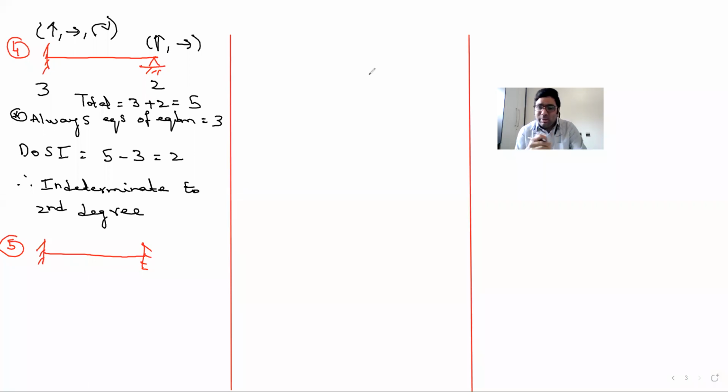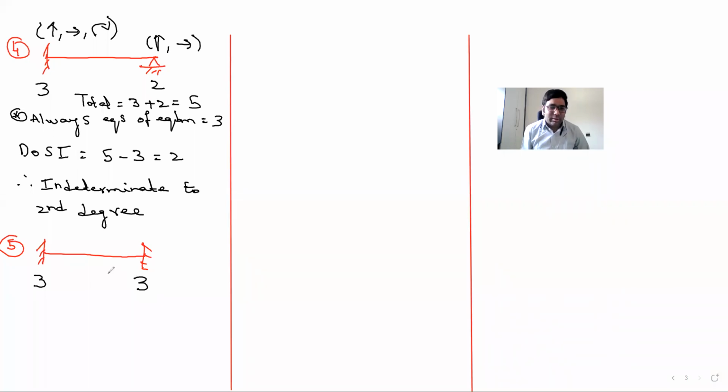Oh, Kavya, you might have been confused. I am talking about degree of static indeterminacy. Kavya, please listen carefully. Here we have 3 reaction components, and here also we have 3 reaction components. You might have confused it with cantilever. Here both ends are fixed, isn't it?